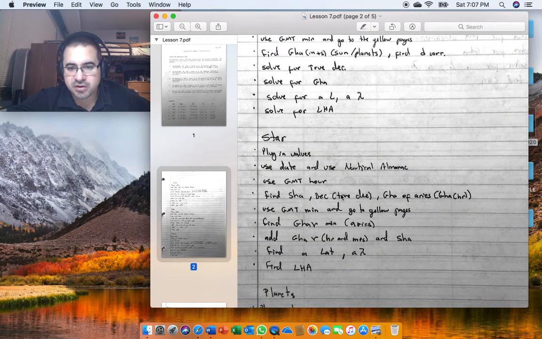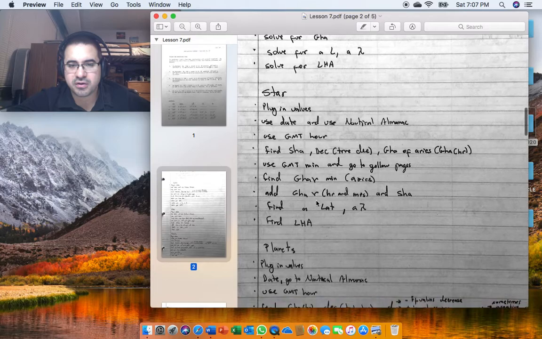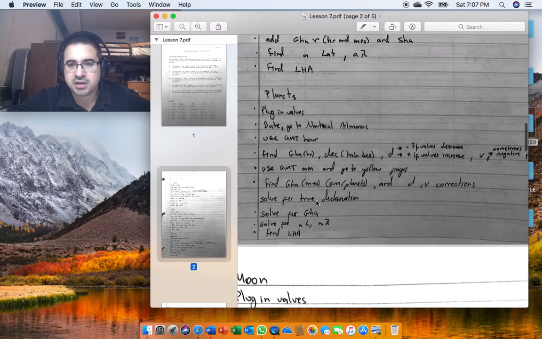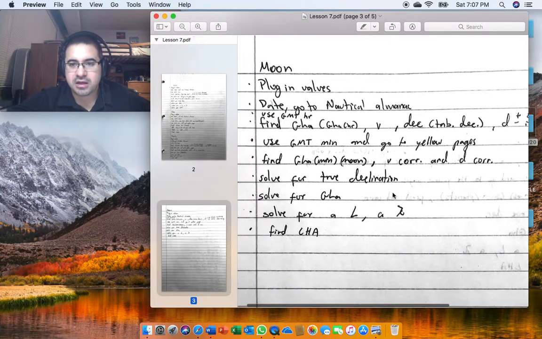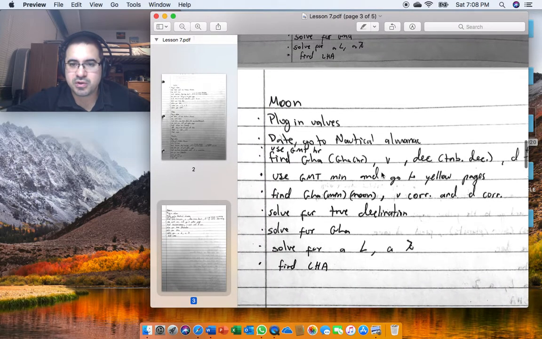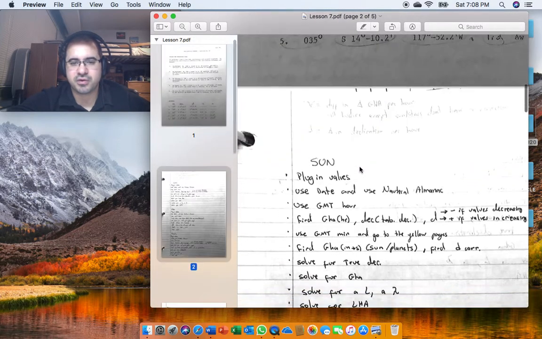For the stars, you're gonna be finding SHA, declination, and your GHA of Aries, and you're gonna hit other corrections. For planets, you're gonna be hitting D corrections and V corrections. You're gonna find all of that. And for the moon, you find V and D. So make sure you're not finding a V correction somehow for your sun. Okay.